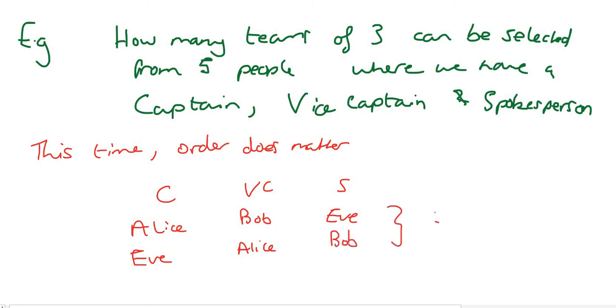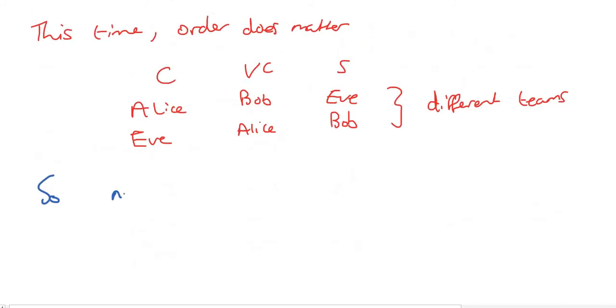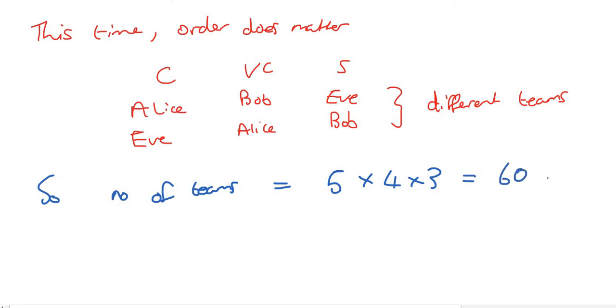So different teams. Great. This time, all we've got to do to work out the number of teams is, again, we've got 5 choices for the first slot, 4 for the second, and 3 for the third, which equals 60 teams.